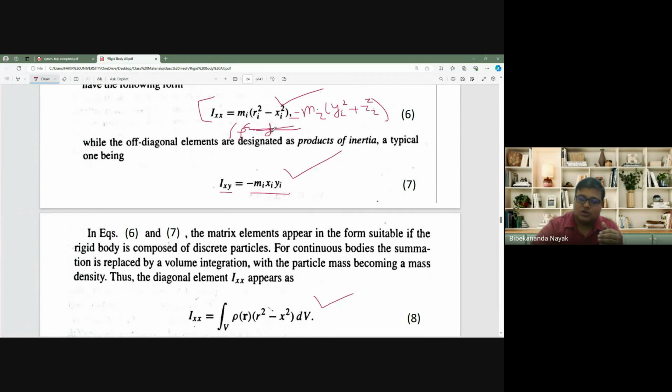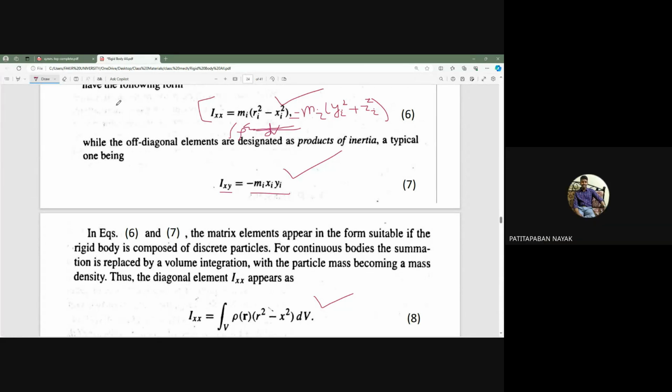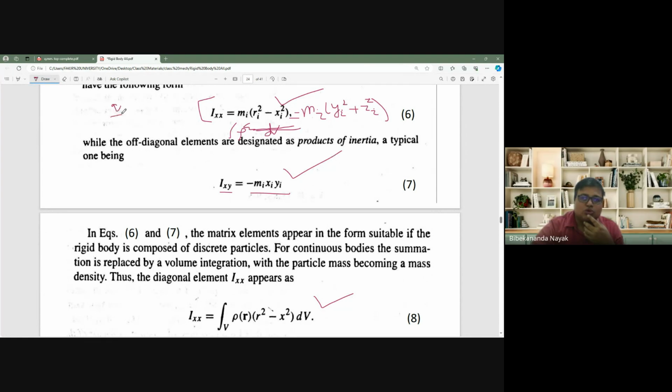In electrostatics you know charge Q, but when you do a continuous body, you know charge density rho into dV. So rho dV into this quantity, r square minus x square.